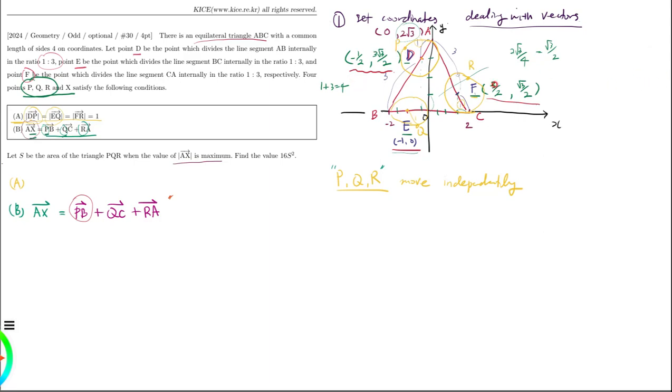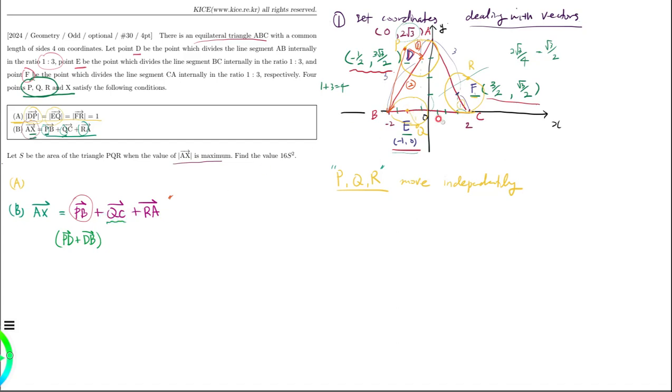In the case of vector PB, it will look like this, from P to B here, but we can detour it, for instance, P goes to D first and then goes to B. So let me rewrite it. P goes to D first and then from D goes to B, like here.